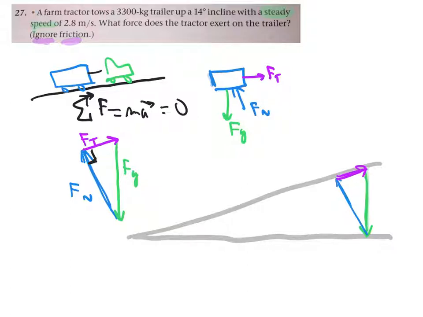Although my drawing isn't great, these are both right angles. The angle we were given is the angle of the incline, and we can see that's the complement to that angle. But that angle is the complement to this angle, and the only way that could work is if this angle is theta. So, going way back, this angle was theta. All right.